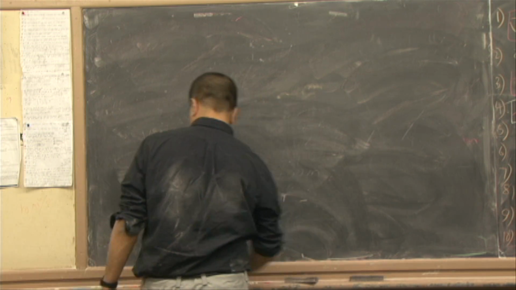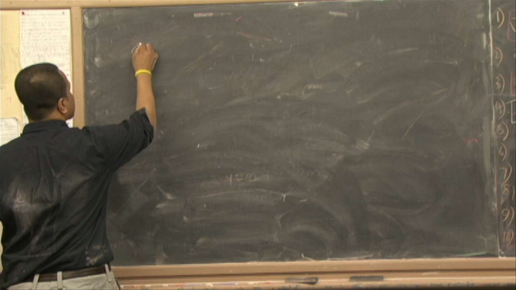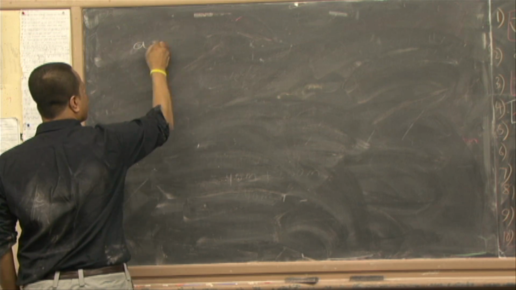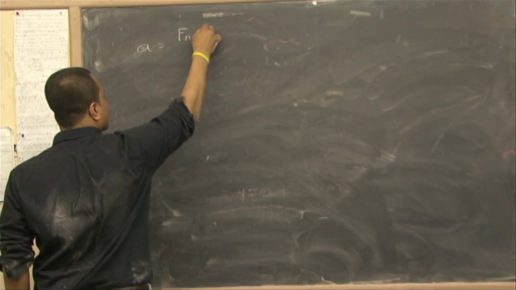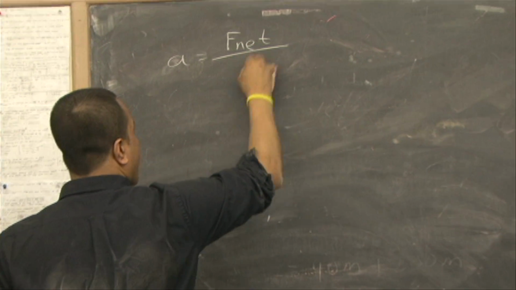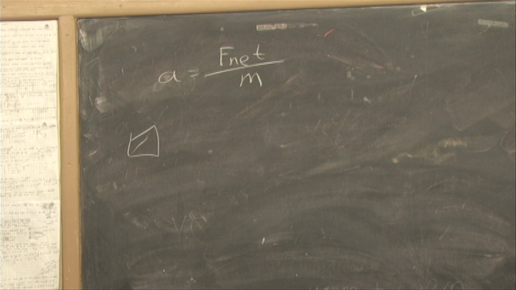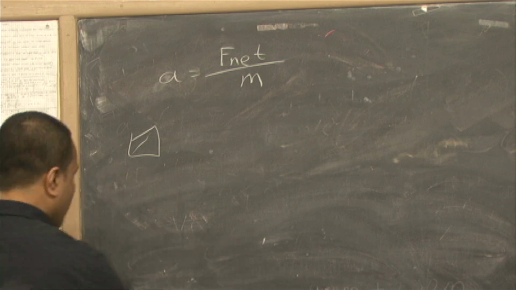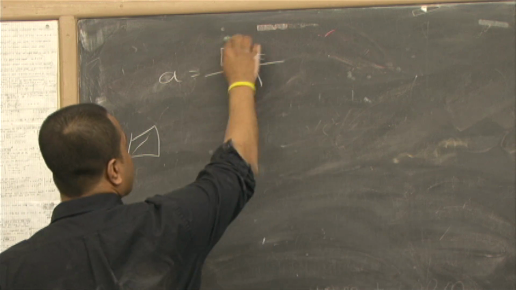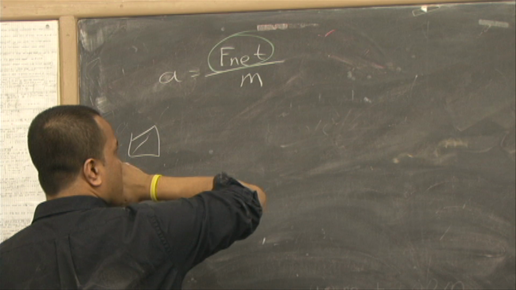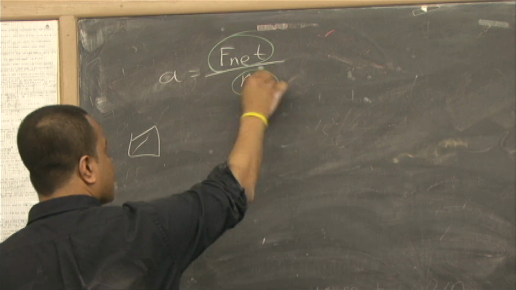So the next formula is acceleration is F net over mass. All right, so as usual, let's make a problem. Remember, in our problem, we have to satisfy this condition. We have to have net force and we have to have mass, okay?